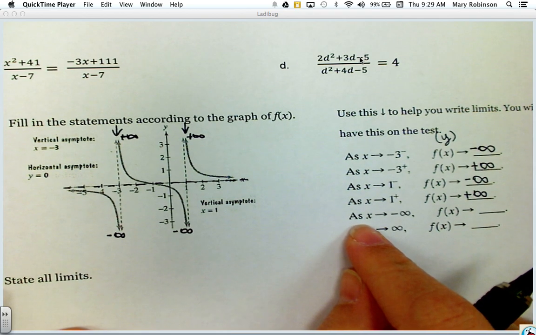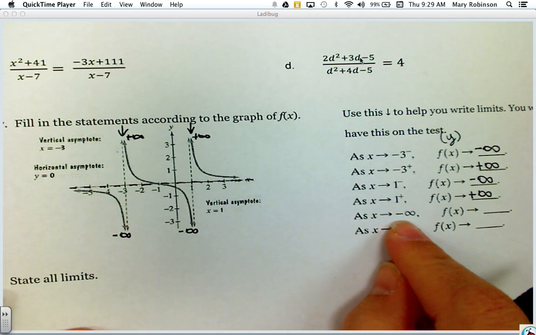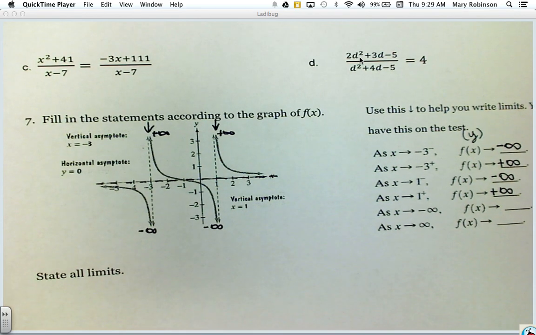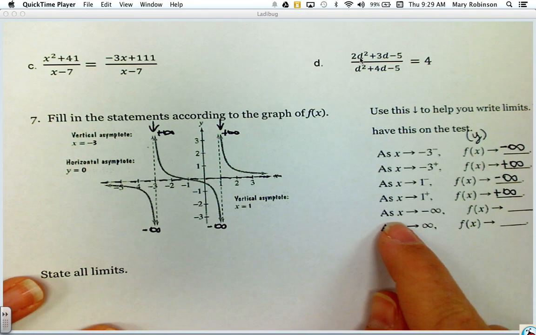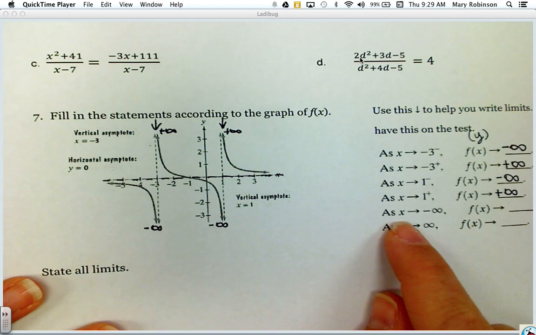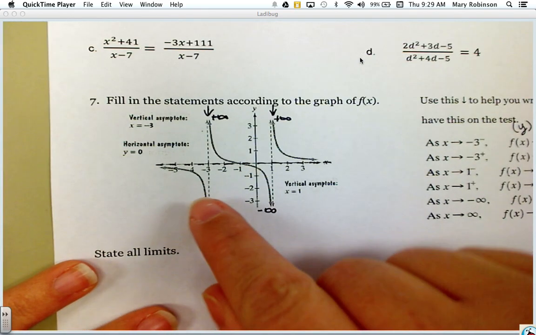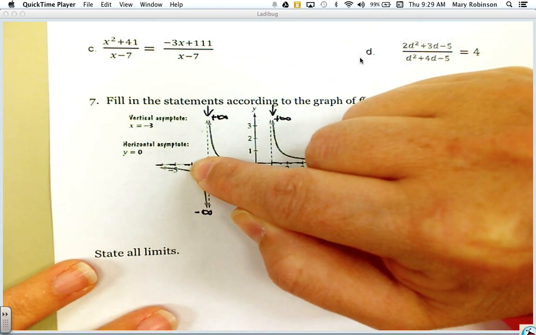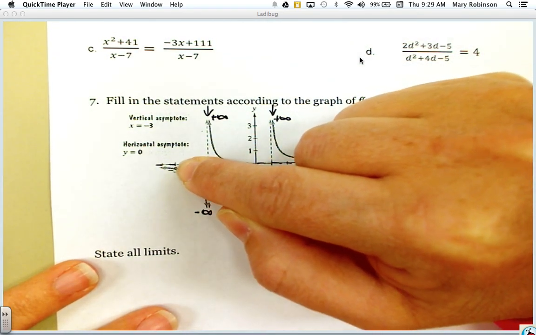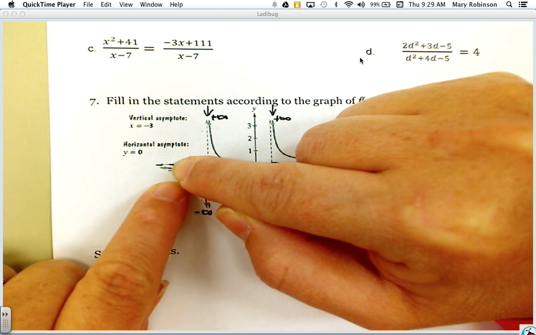Next, we have to evaluate what happens as our x value approaches -infinity. So we have to think about this differently. We're still looking at our y values, but we are now going to the left forever. So coming here, as we go left forever, approaching -infinity, what's happening to our function?